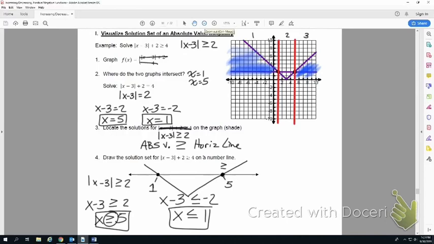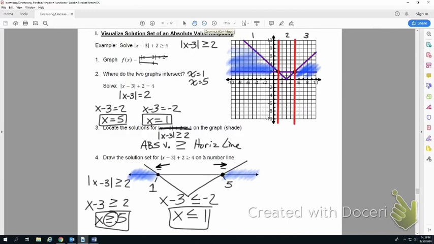If I can see that inequality as an arrow, that arrow is going to tell me which side to shade on that point. The other one is less than or equal to, so if I use that inequality as an arrow, it's going to tell me which side to shade over there. If that helps you, awesome.